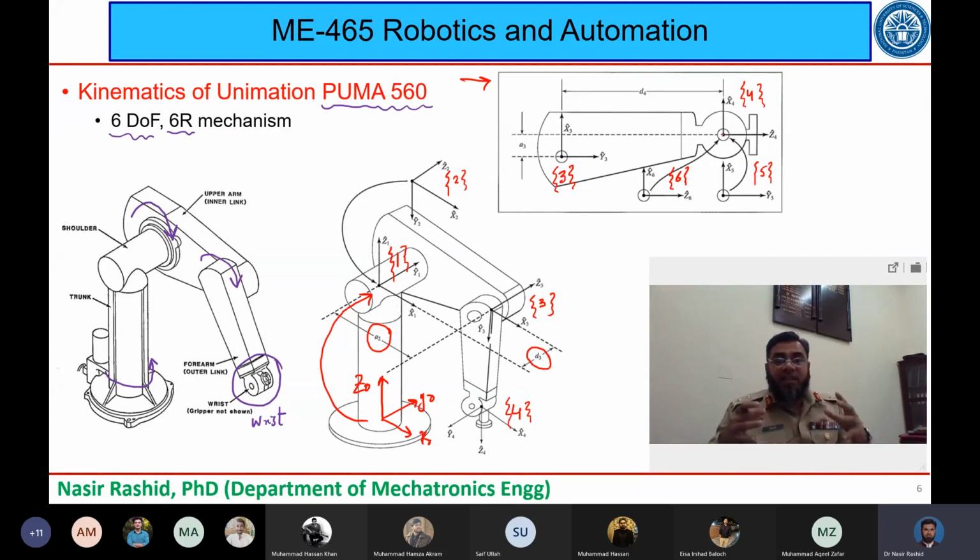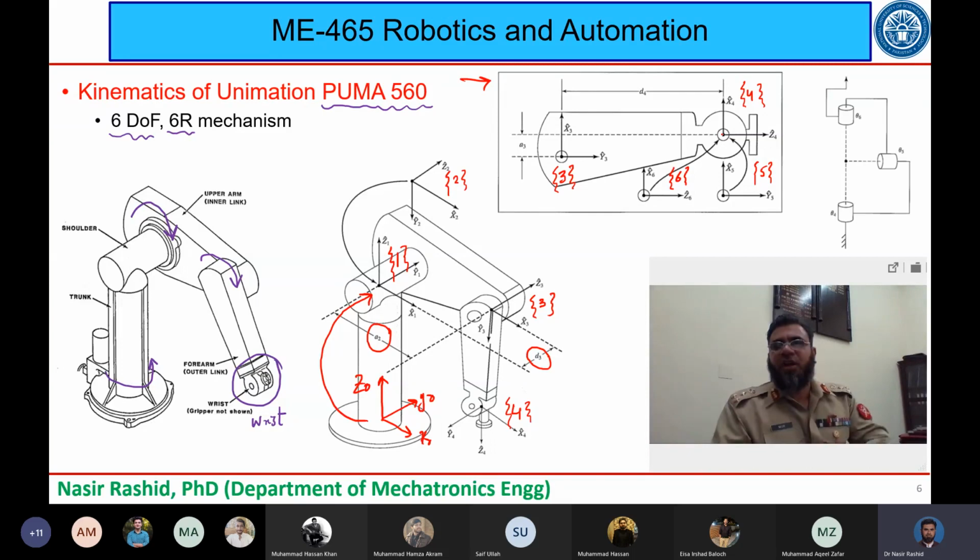And how can these be coincident with each other? Let me show you the configuration of the wrist. Here you go. On the right top corner of your slide, you can see the configuration of your wrist. This is frame number 4, this is frame number 5, this is frame number 6.